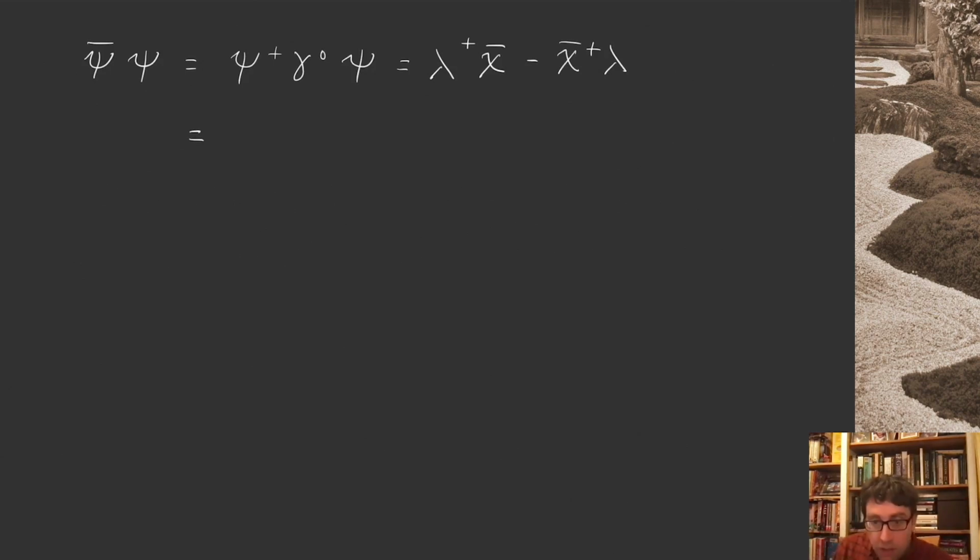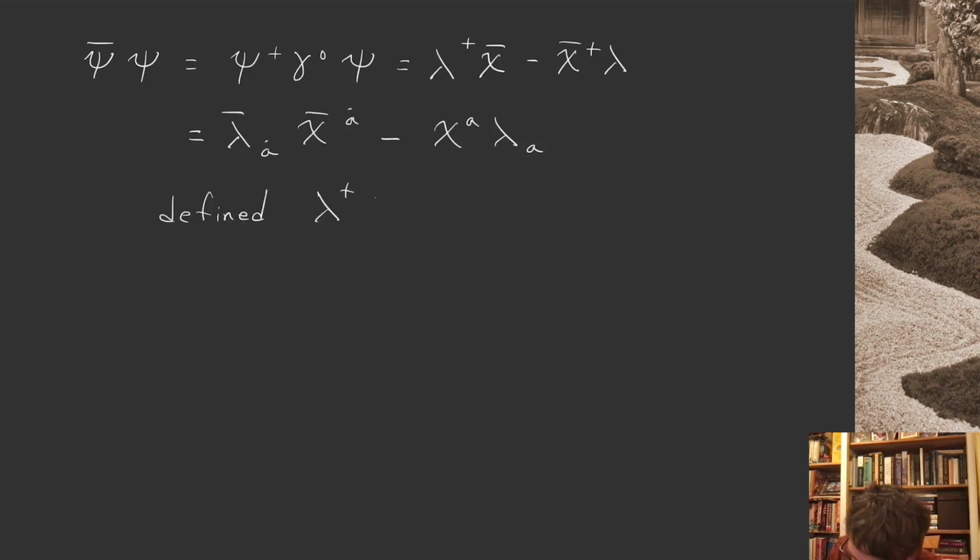And now to reintroduce these indices, what people usually do is they call this lambda bar A dot, chi bar A dot, minus chi A lambda A, where we've in a sense defined lambda dagger to be lambda bar A dot, and we've defined chi bar dagger to be chi A. So again, when we talk about the complexified or complex conjugated quantities, we use the dotted index. The unconjugated quantities, we use the undotted index. Okay, so this is example 1.